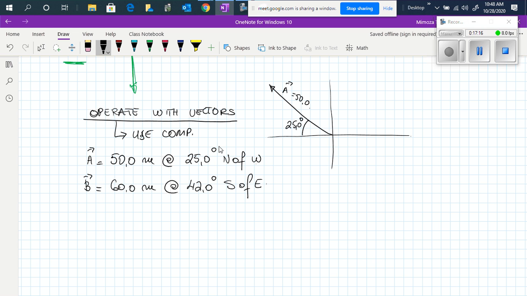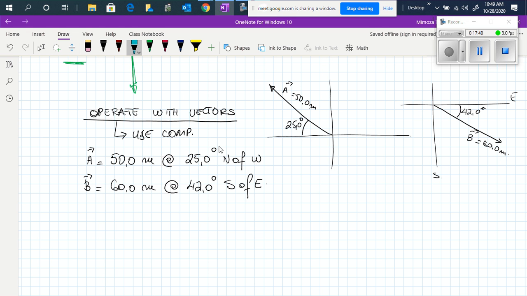And then the other one, vector B, is between south and east, and it is a vector that goes like this. This is vector B with magnitude of 60 meters, and the angle with east is 42 degrees.